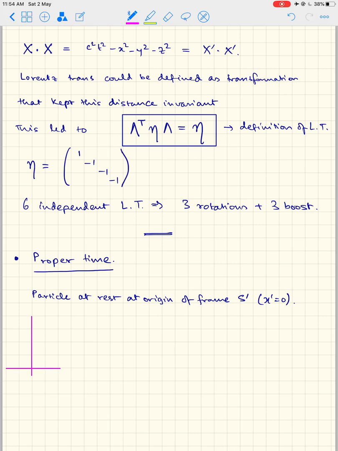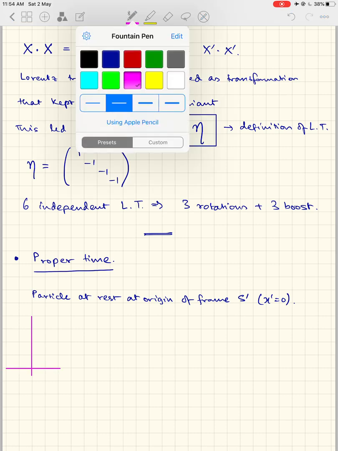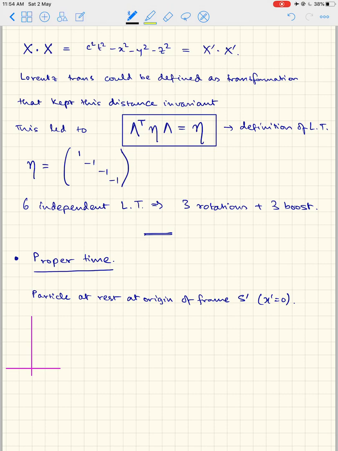The particle is at x prime equal to 0, and this would mean that the particle's world line is just this black line. Okay, so this just goes forward. So this is the frame S prime.